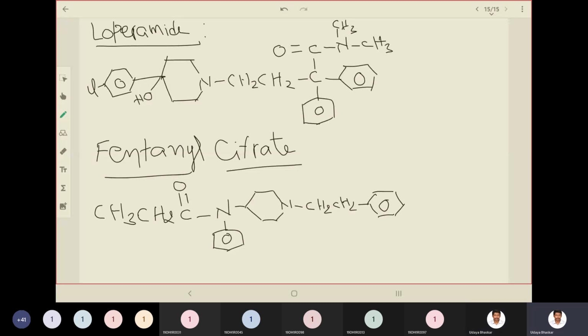So very little modifications from loperamide and diphenoxylate structures, it is somewhat modified. It is a salt of citrate. So I'll show you the salt of citrate.